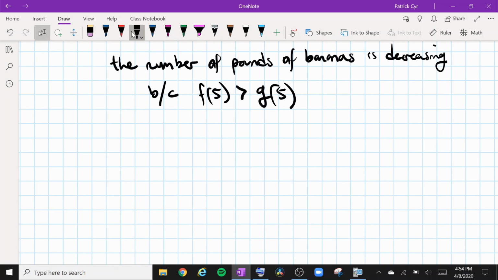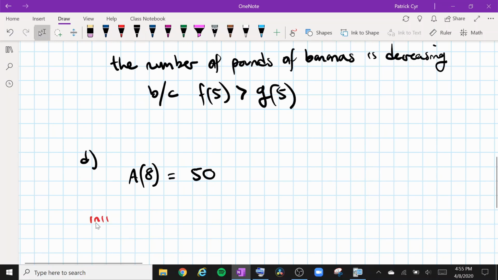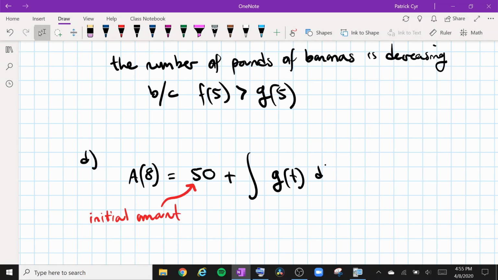We're going to evaluate this integral. Well, it will be an integral by starting with 50. So the amount at t equals 8 is going to be the initial amount, 50, plus the integral of the rate at which they're being added, which is g of t.